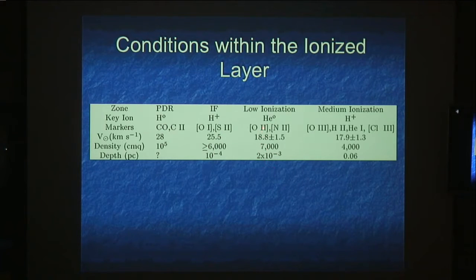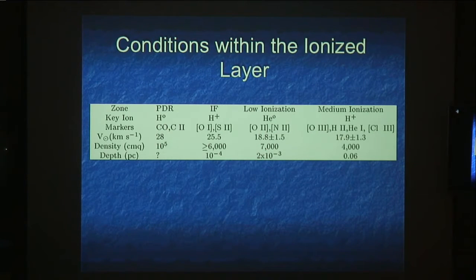And this is important here because the nitrogen emitting layer is only about 1 arc second in thickness. So the span of the nebula I'm showing there is a few hundreds of arc seconds. So it's a very thin layer.